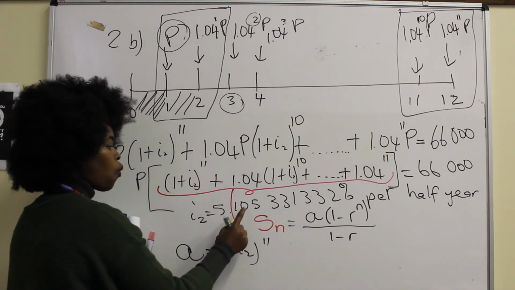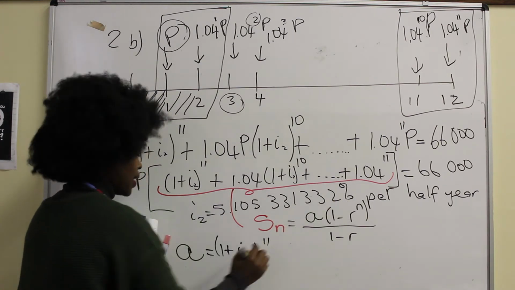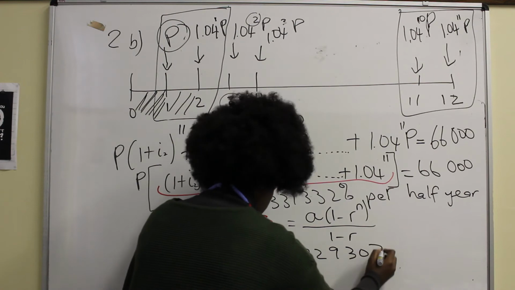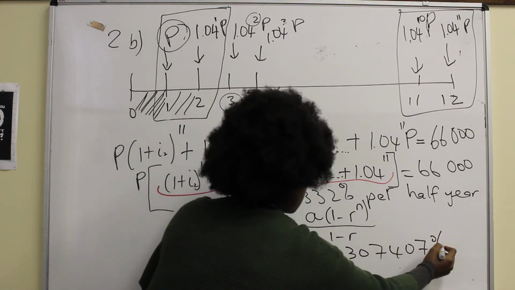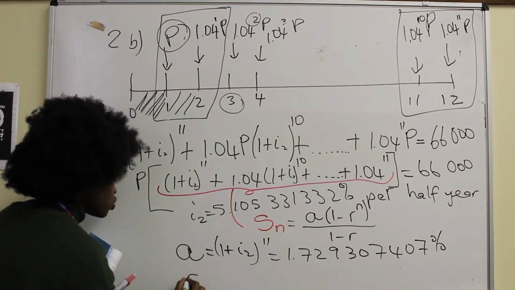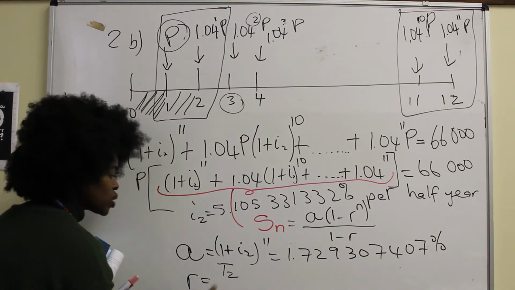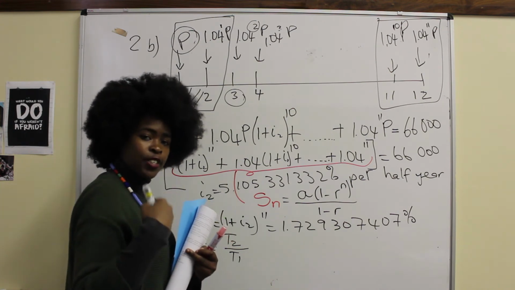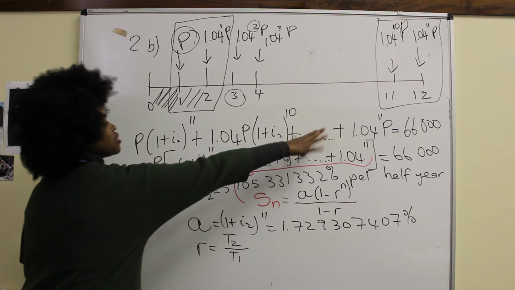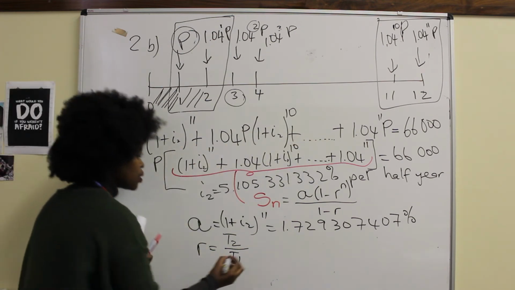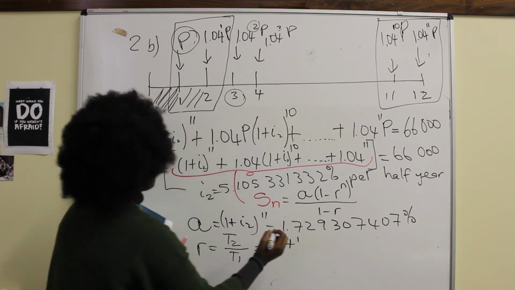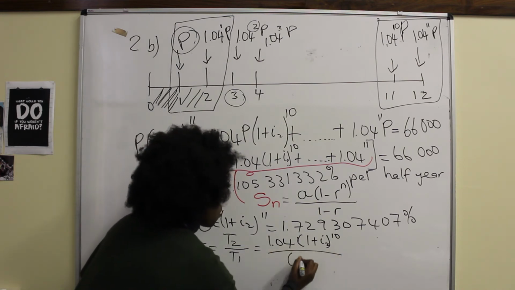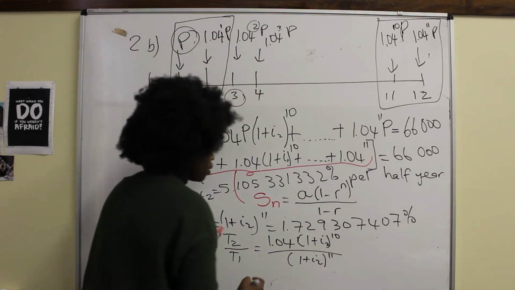1 plus 5.105331331332% to the power 11, remember you get 1.729307407%. Then R: we take consecutive terms, term 2 divided by term 1. Term 2 is 1.04 into (1 plus i2) to the power 10, divided by (1 plus i2) to the power 11.